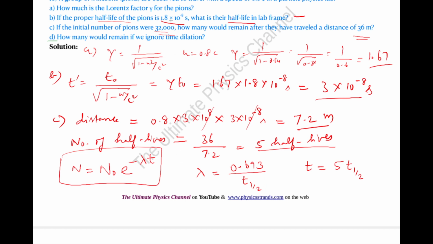Of course, the half-life is given as 1.8 times 10 to the power minus 8. But when we do lambda times t, we get 0.693 over t half multiplied by 5 t half. So effectively, these t halves will cancel, right? It doesn't matter what the half-life is in this particular case. So we get 0.693 times 5 as lambda t.